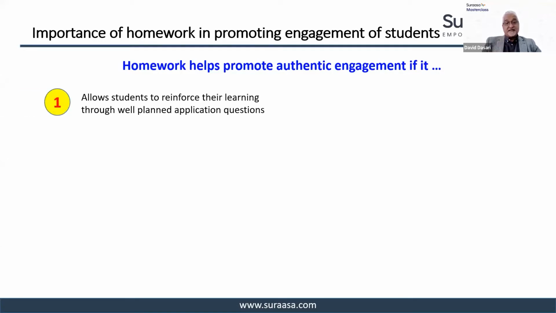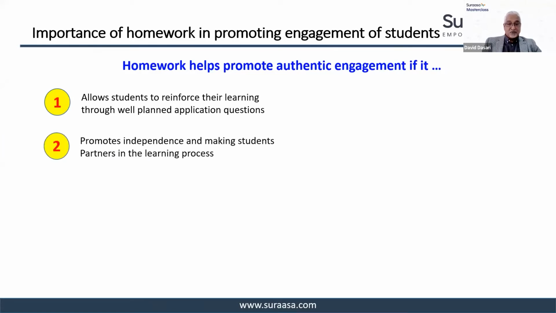Number 1, it's when it allows students to reinforce their learning through well-planned application questions. Number 2, promotes independence. This is where the student is not dependent on you, but it promotes independence and makes students partners in the learning process.